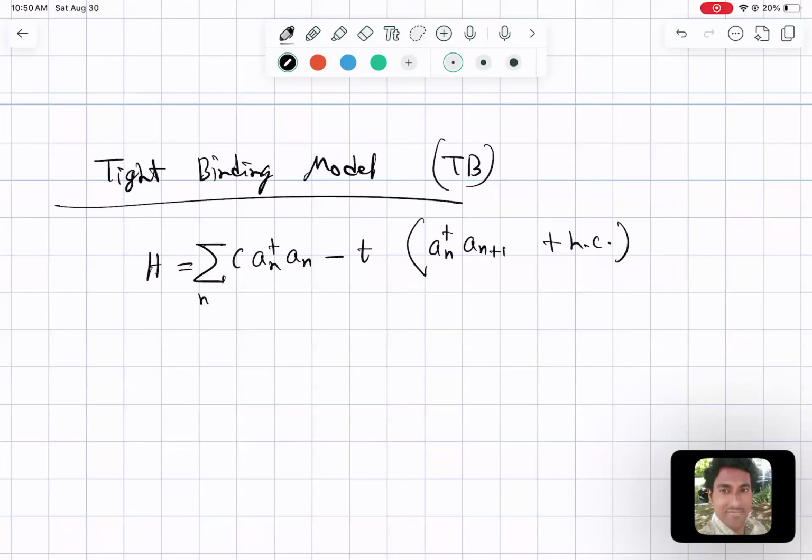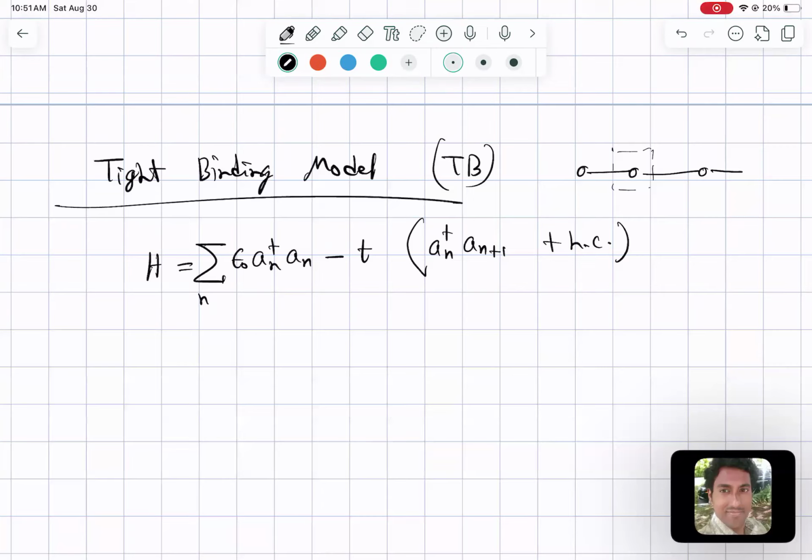Sum over n, let's call it a 0. So this is exactly like the previous case, right? You have a one-dimensional chain of atoms, and in each unit cell you just have one atom. And if you compute the bands, these bands would be exactly similar to the ones we found before.